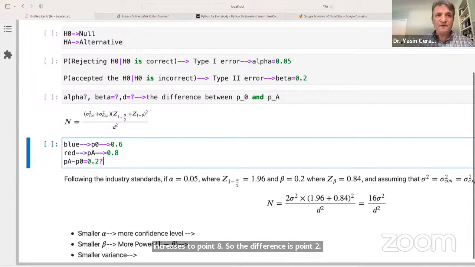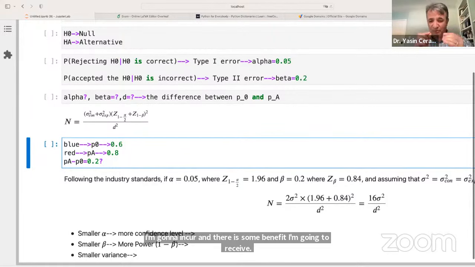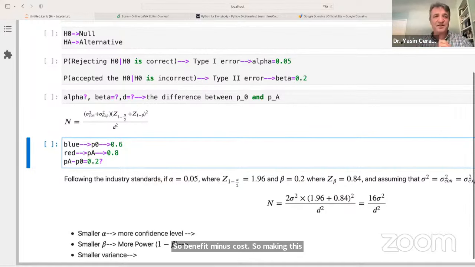So is this difference making any sense in terms of business? If I make that change, there is some cost I'm going to incur, and there is some benefit I'm going to receive. So benefit minus cost. So making this change, a 0.2 marginal increase in the ratio of people who clicked on red versus blue, is it business-wise reasonable for me? So I'm going to make that decision.